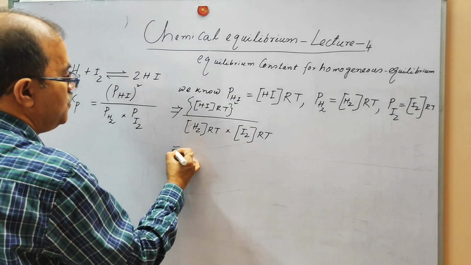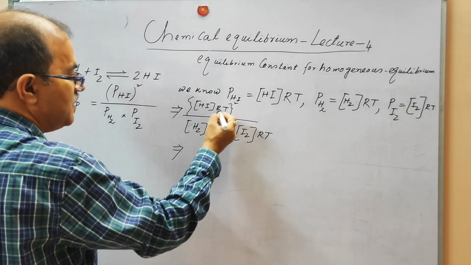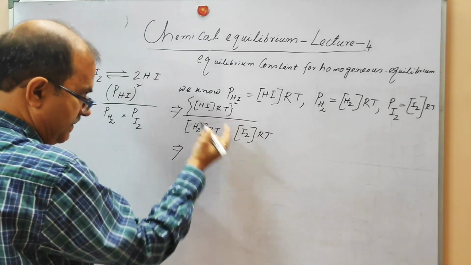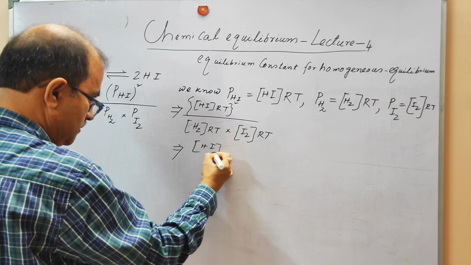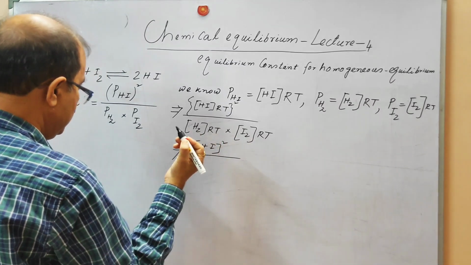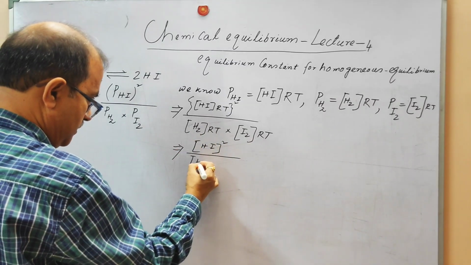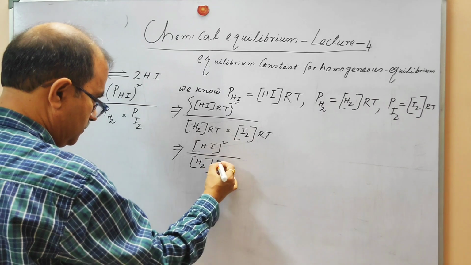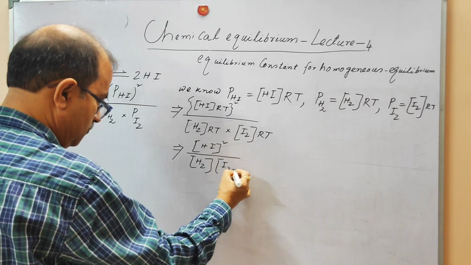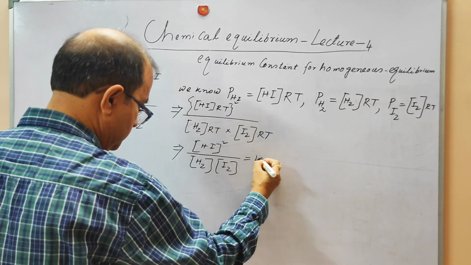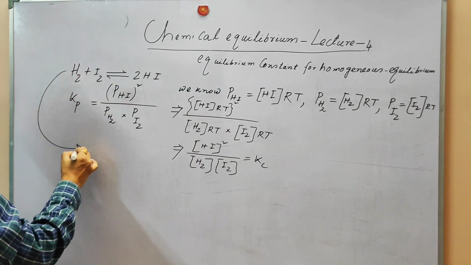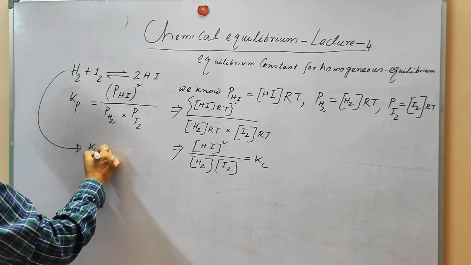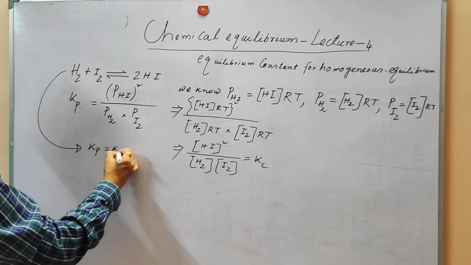Okay, so what do we get? The RT squared will be cancelled out, so we get the concentration of HI squared divided by the concentration of hydrogen and the concentration of iodine. This is Kc. So for this equation we derive that Kp is equal to Kc.